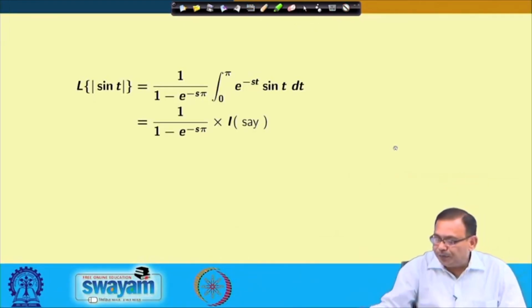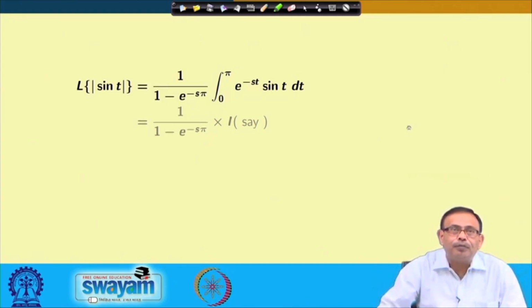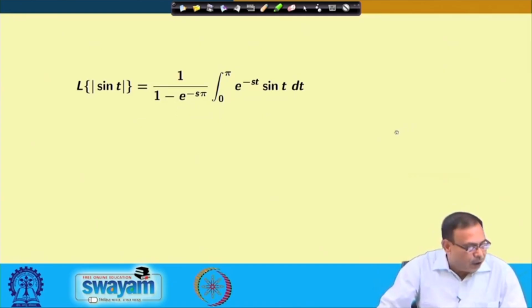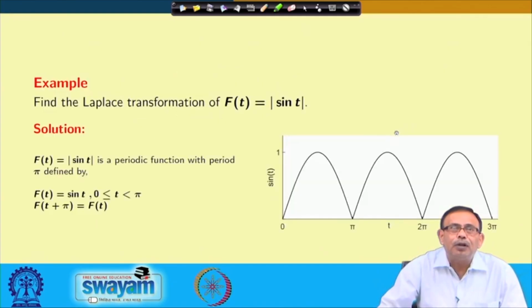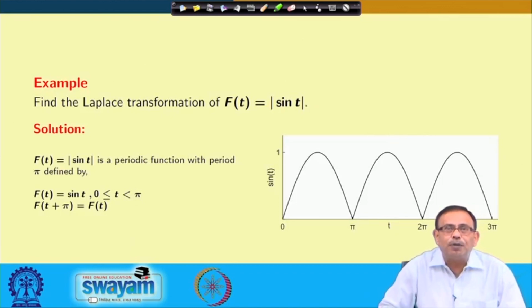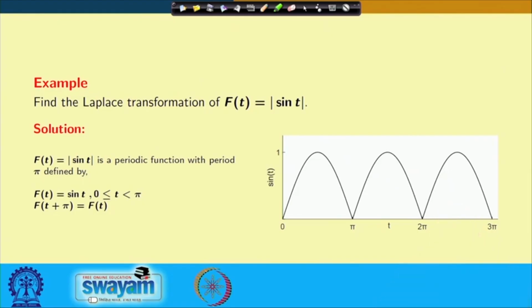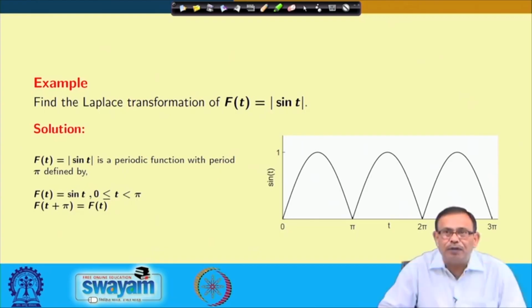Let us take the example that we want to find the Laplace transform of f(t) equals modulus of sin t. The function modulus of sin t is a periodic function with period pi, defined by f(t) equals sin t, where t lies between 0 and pi, and f(t plus pi) equals f(t).